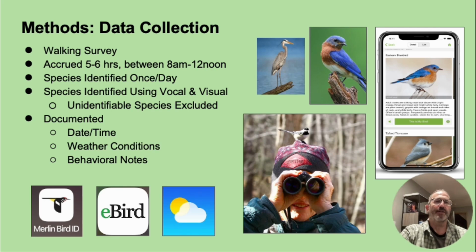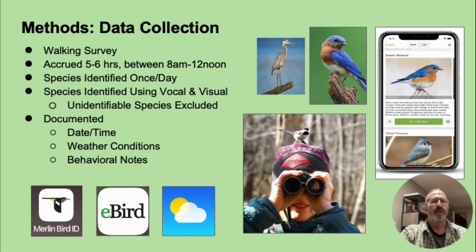In terms of data collection, over the study period, we performed a walking survey at each of the locations and accrued 5 to 6 hours of data walking between 8 a.m. and 12 noon. We identified species only once per day in order to avoid double counts.